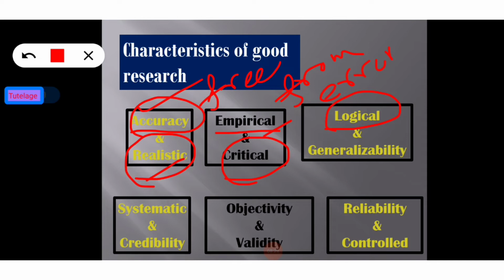Now going to the next, that is generalizability. For every research, there is a population on which research can be conducted. For example, consider that a research is conducted on the use of online educational channels among college students.